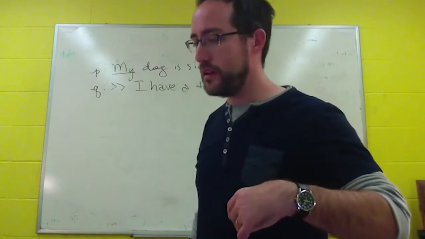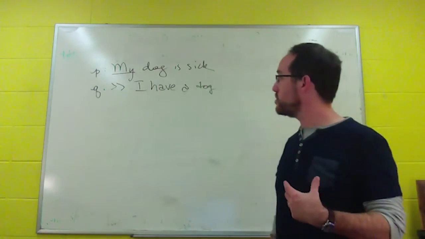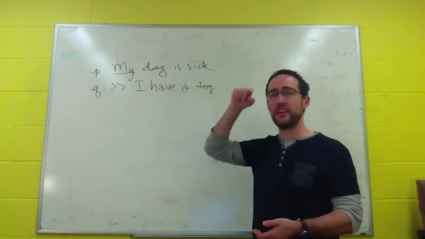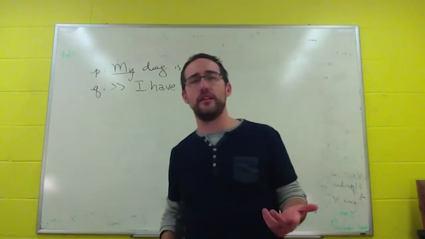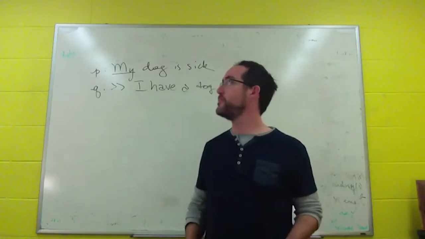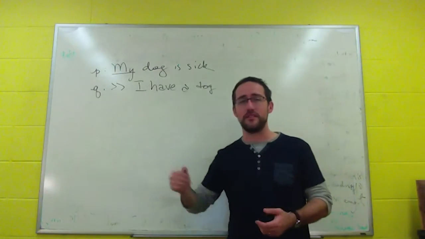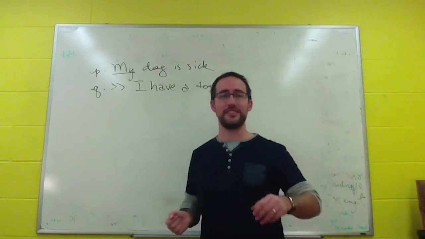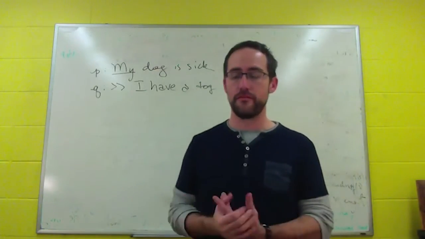Now, if I say my dog is sick and you don't know I have a dog, then you might stop me and say, wait, I didn't know you have a dog. Or if I say, my sister got into med school, oh, I didn't know you had a sister. And so forth.